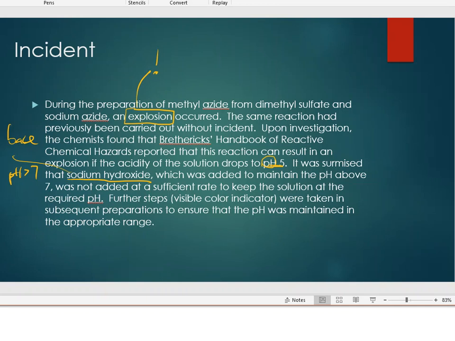Further steps, a visible color indicator basically, were taken in subsequent preparations to ensure that the pH was maintained in the appropriate range. So here we finally see a modification of the method, right?